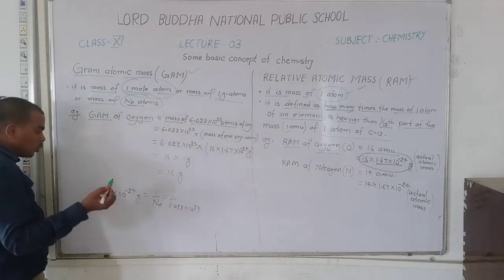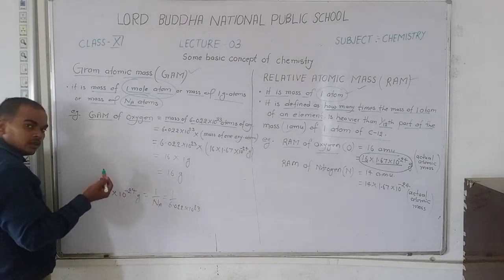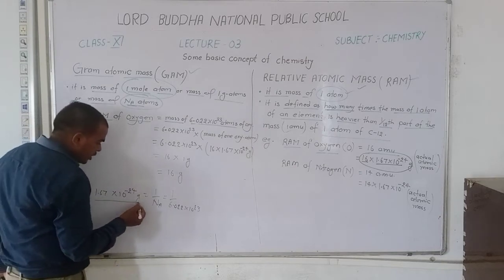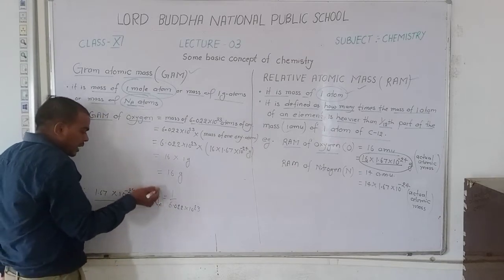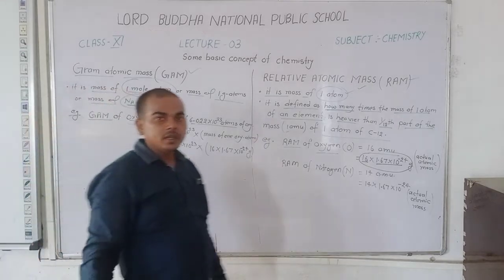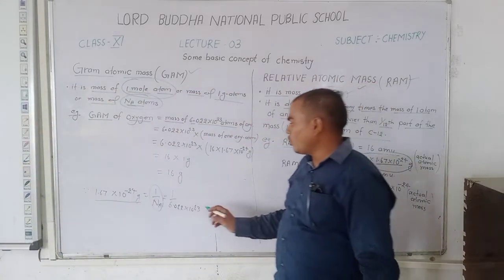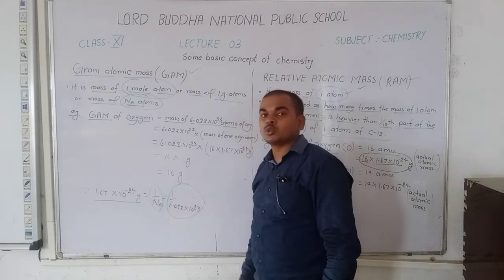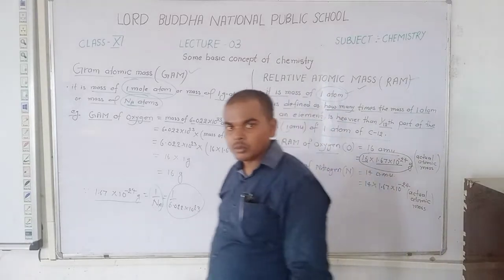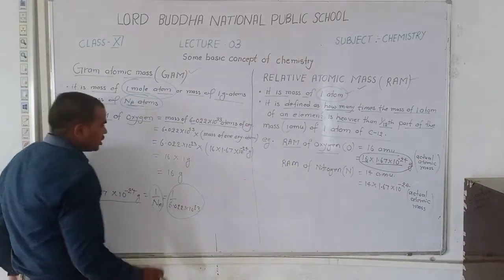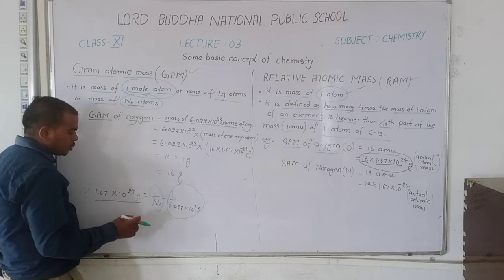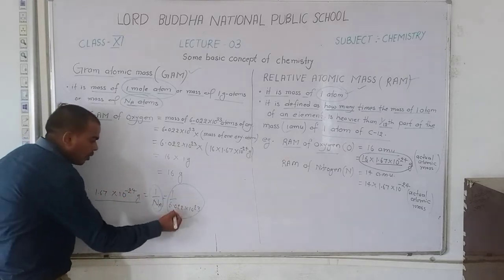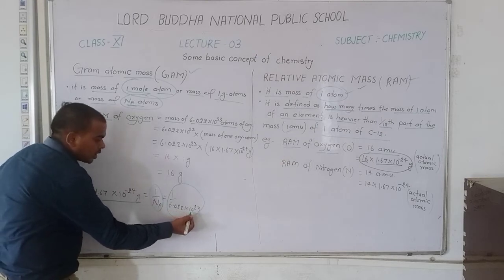You know that 1.67 into 10 power minus 24 is equal to 1 by Na, and 1 by Na is 1 upon 6.022 into 10 power 23.